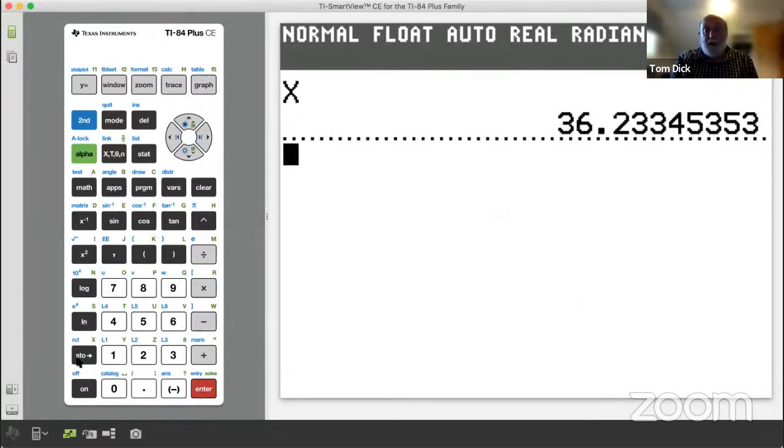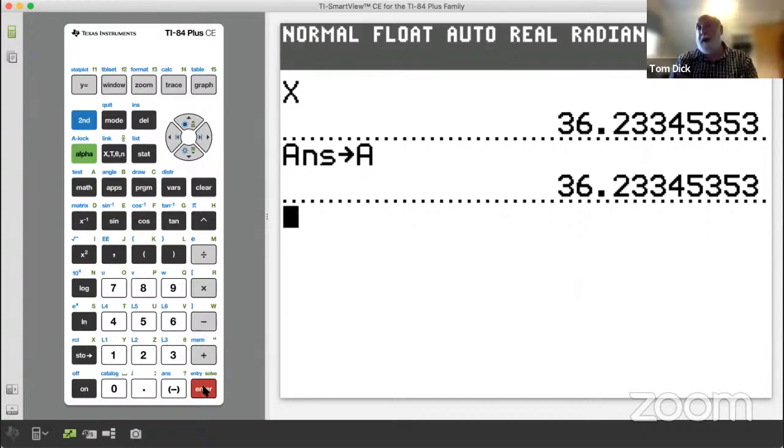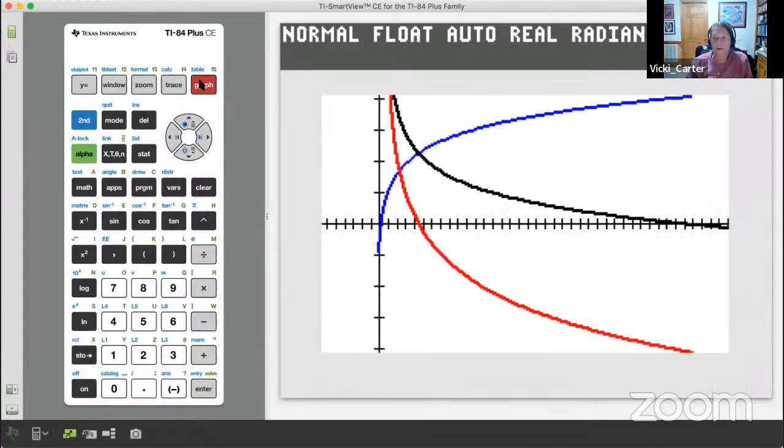So for example, I could store that in A, and then it's there for safekeeping. So if I went off and did some other things with graphing and lost that X value, I had it safely stored away. So, Tom, go back to your graphing screen just a minute.